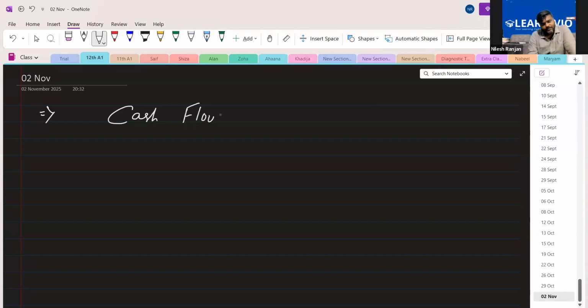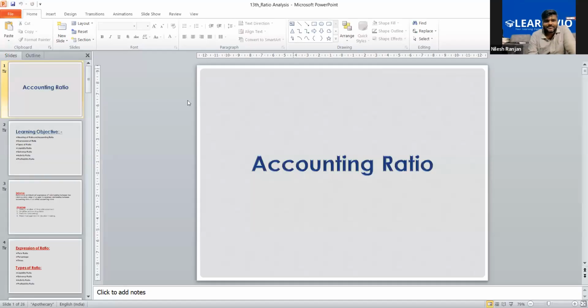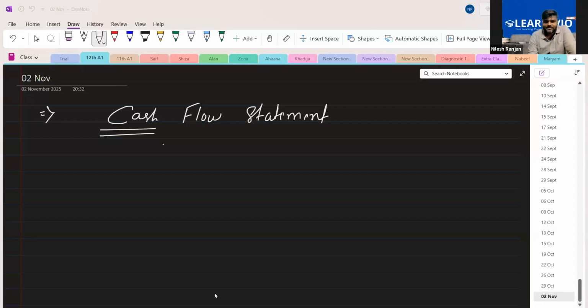Now, first of all, what does it mean by cash? Anyone have any idea?